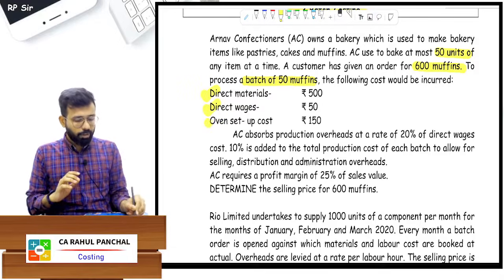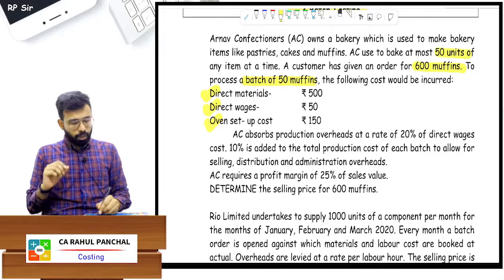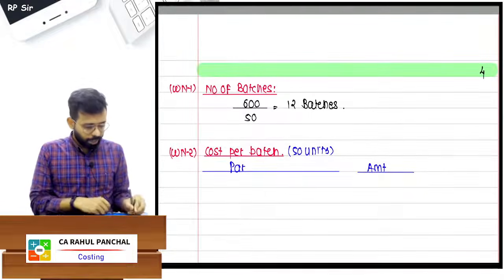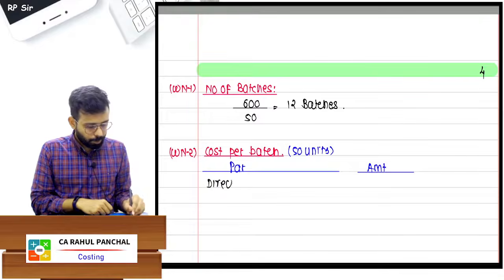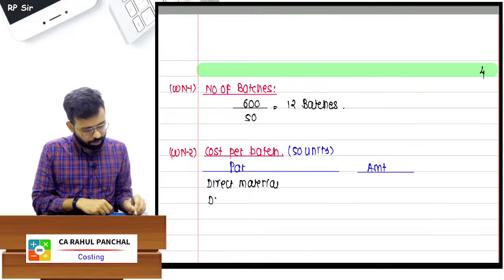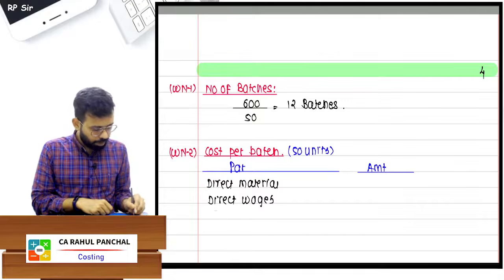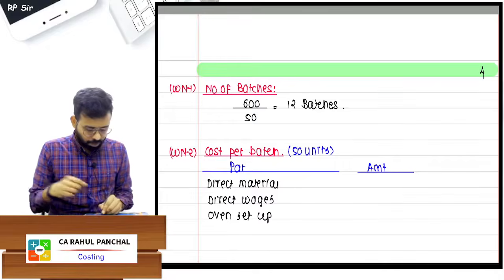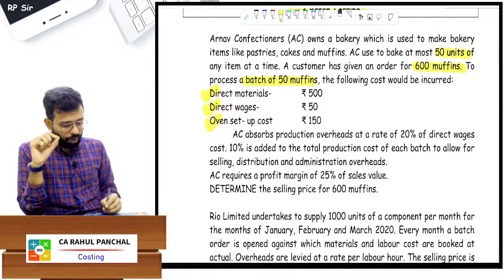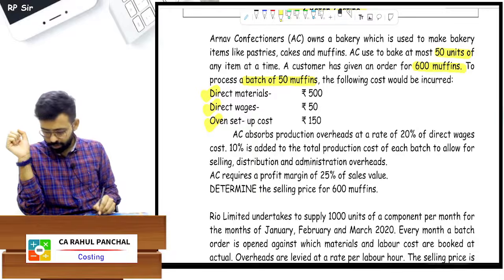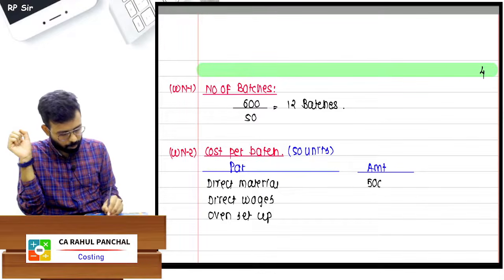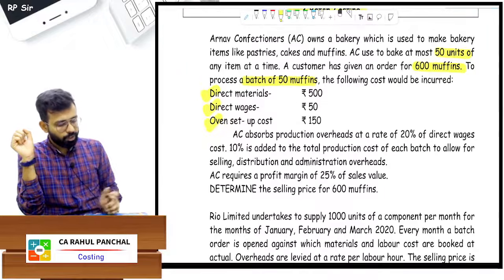Material is required, labor is required, then oven setup cost. So I can write it down: direct material, direct wages, oven setup. The cost is given in the question as 500 or 50, 150. There is one more cost which is given.